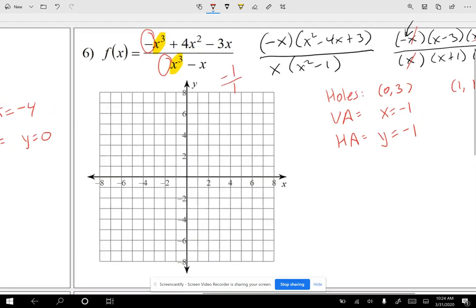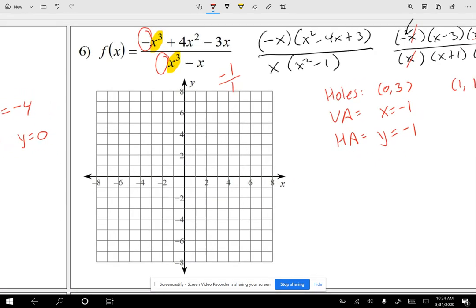All right, let me graph my asymptotes first. X equals negative 1. It's that one. Y equals negative 1 is that.